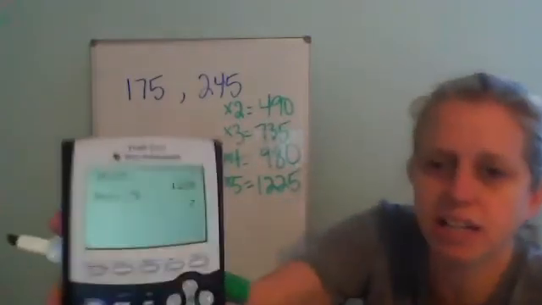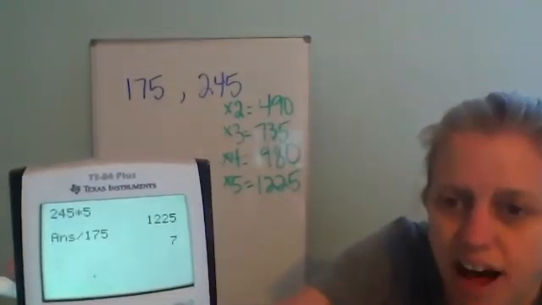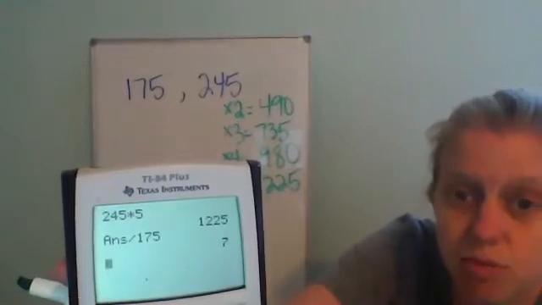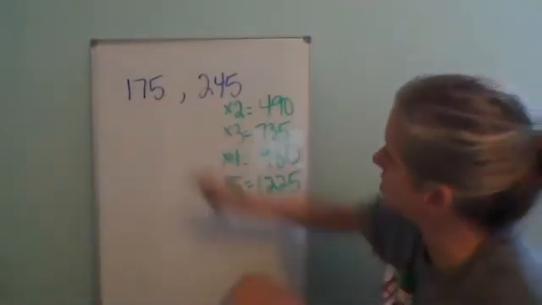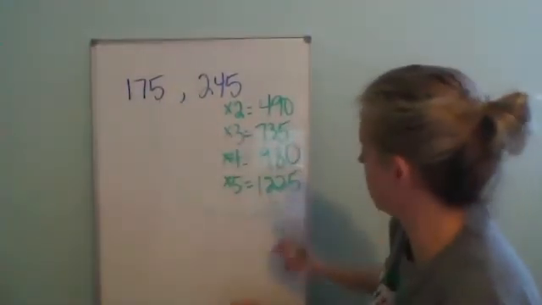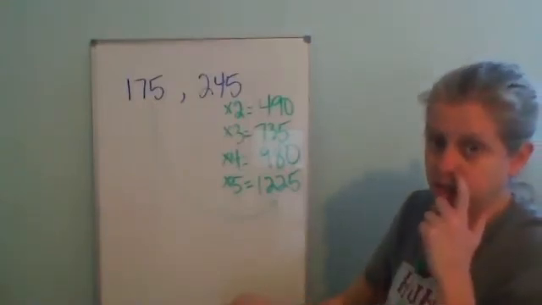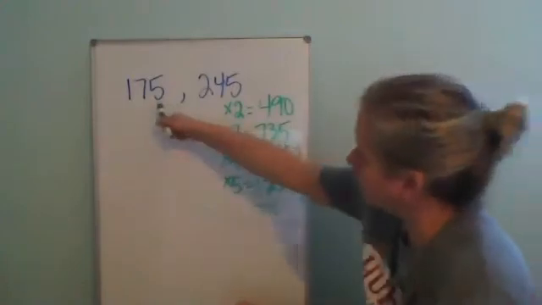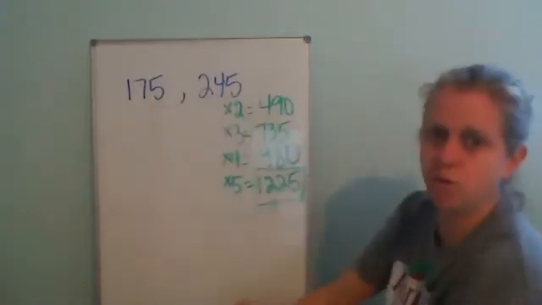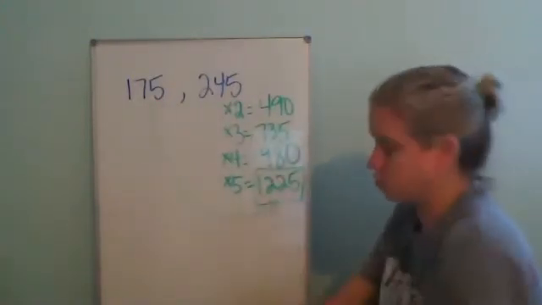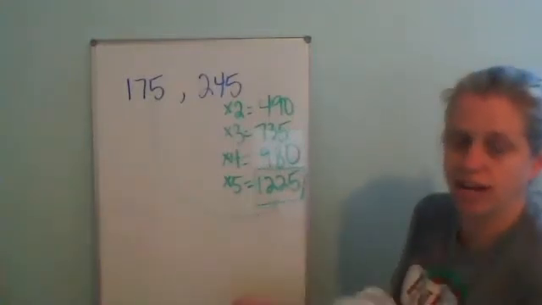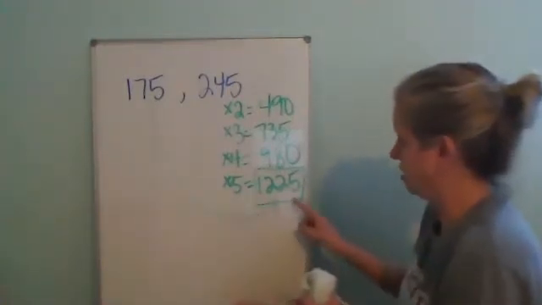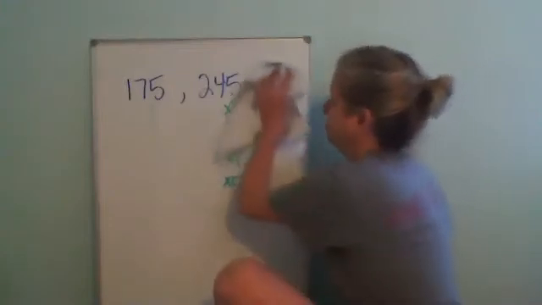So when you divided 1,225 by 175, it gave you 7, which means that 175 also goes into 1,225, which means the very first number that 175 and 245 go into is 1,225. So that's your answer, the 1225.